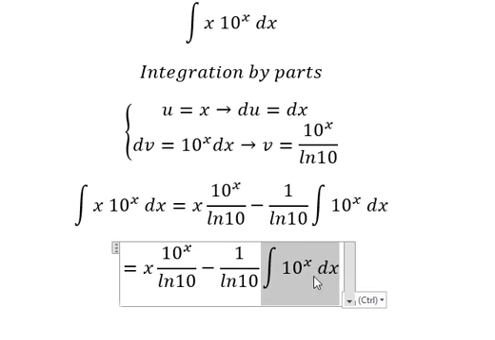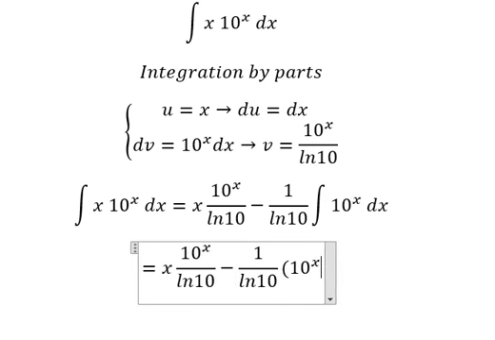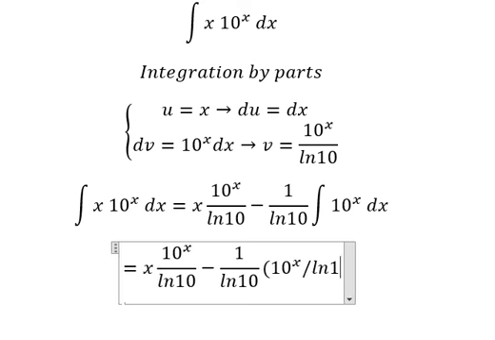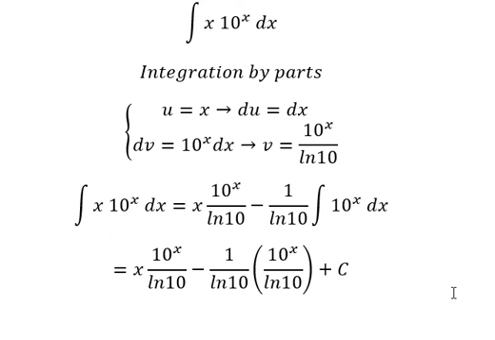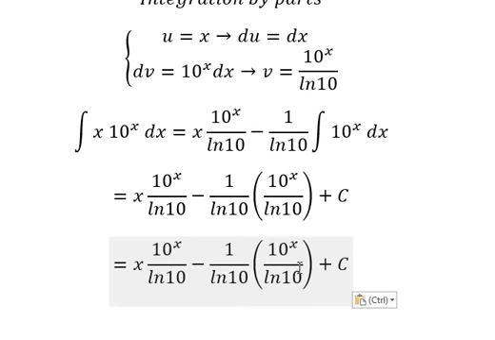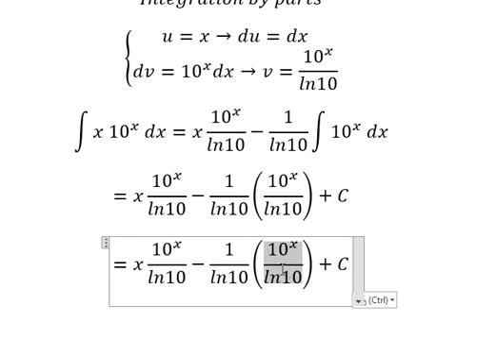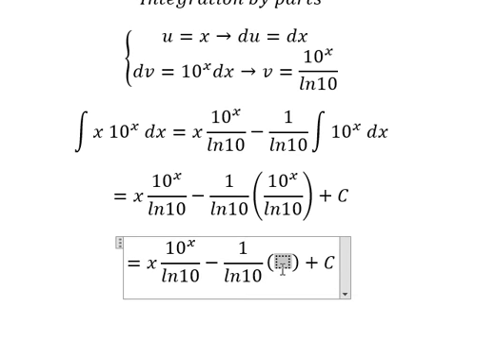This one we have 10 to the power of s over ln 10, and we put plus c. So ln 10 times ln 10, you get ln 10 to the power of 2.